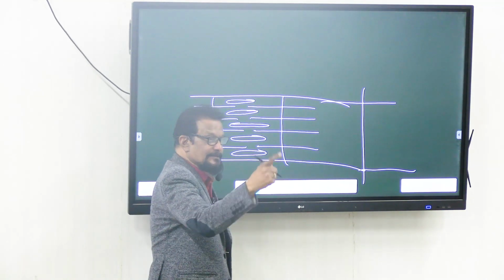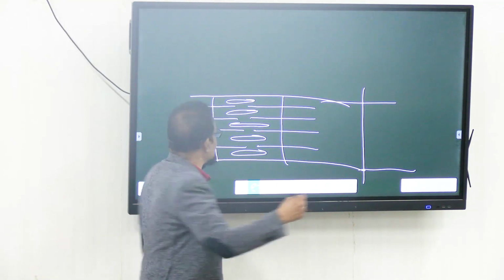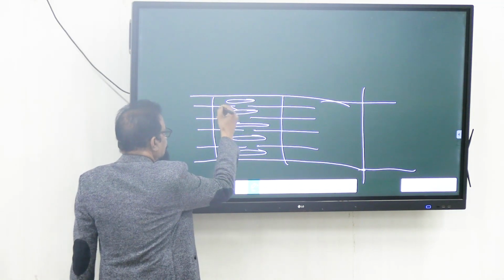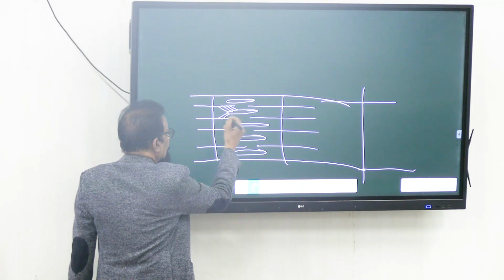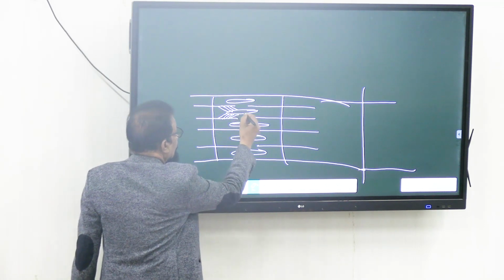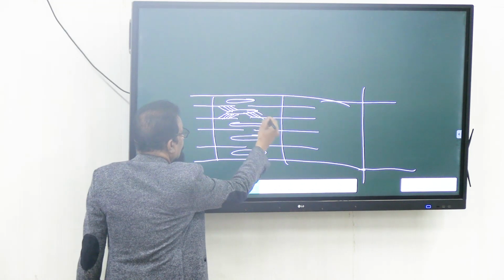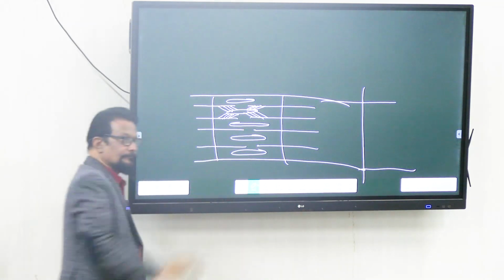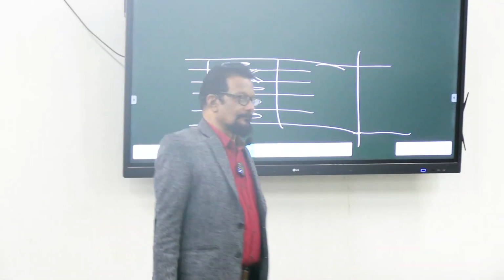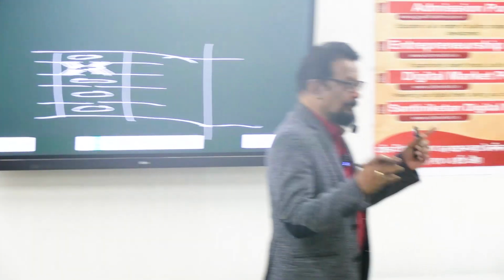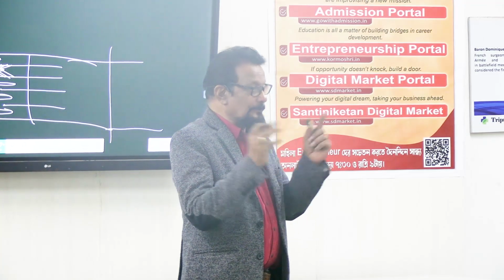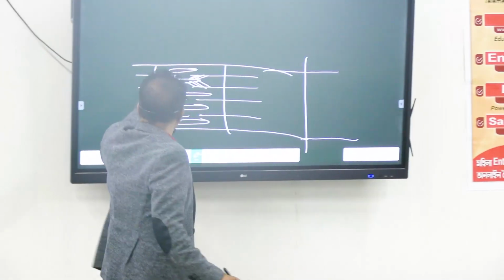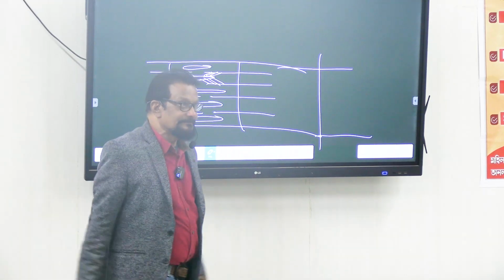So in the presence of calcium ion and ATP, they will form cross bridges. Then these cross bridges are formed. Now these threads will contract.